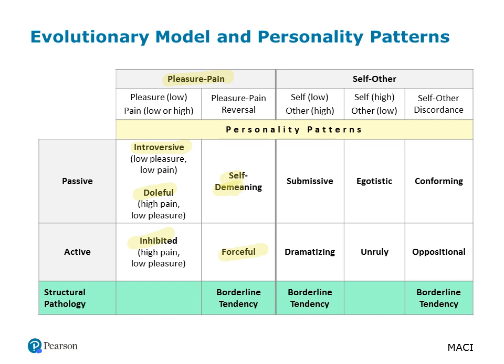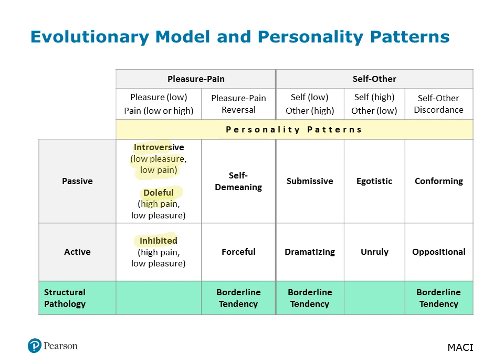So the central feature for the introversive, the doleful, the inhibited, the self-demeaning, and the forceful personality patterns is that pleasure-pain polarity. Now, you can tease this out even further, and this is what you do when you are interpreting an individual's profile. When we look here, for example, you think about the introversive, the doleful, and the inhibited. Those are individuals where the introversive focuses little on pleasure, focuses little on pain.